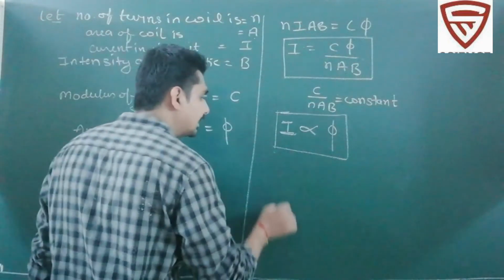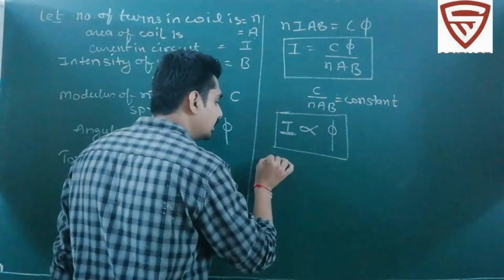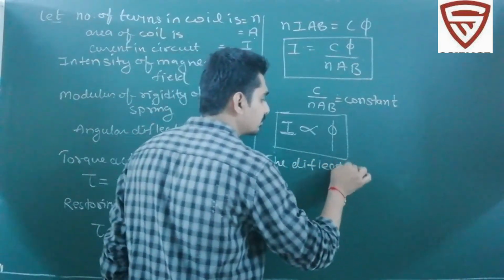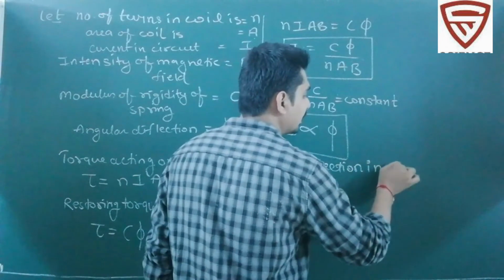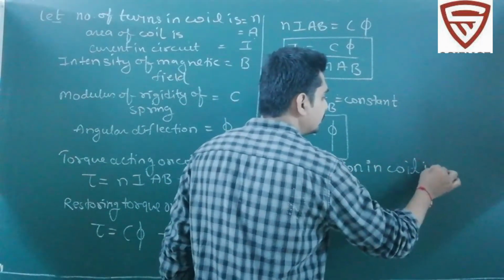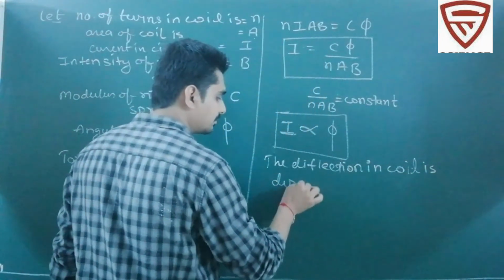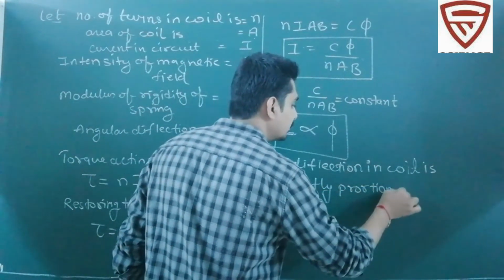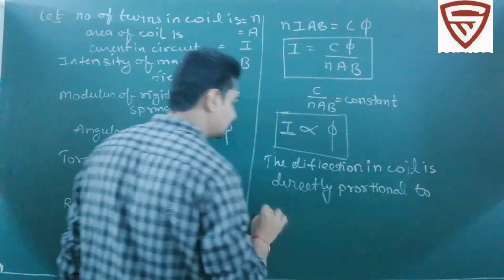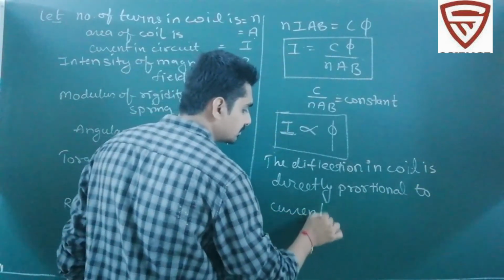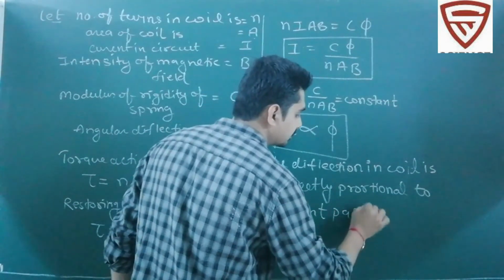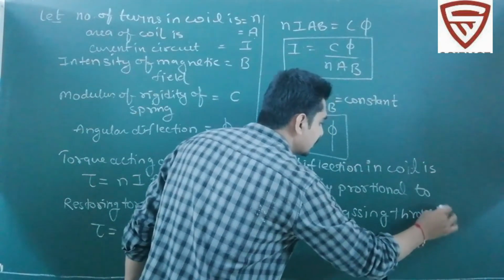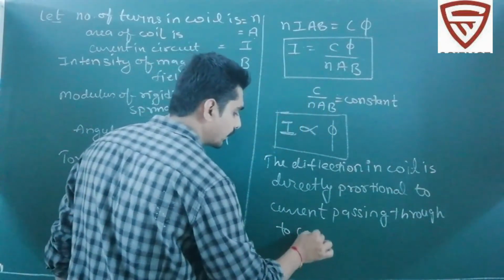So we can write down that the deflection in the coil is directly proportional to the current passing through the coil.